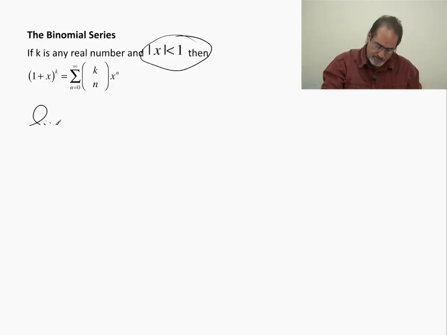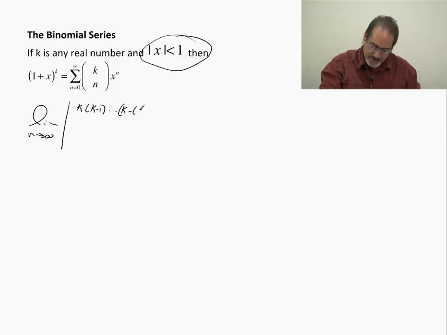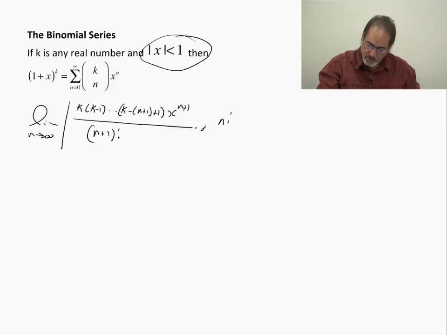Take a look at the limit as n goes to infinity of the absolute value of k times (k - 1) on out to (k - n + 1) plus 1, x^(n+1) over (n + 1) factorial, times n factorial over k times (k - 1) on out to (k - n + 1).